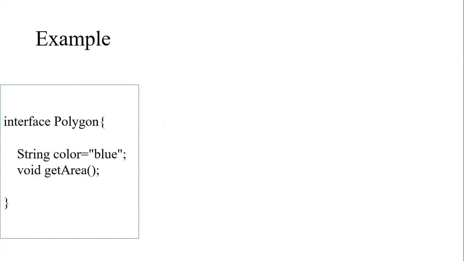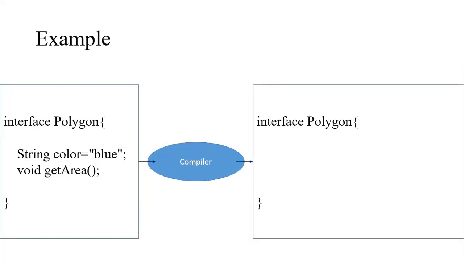If we are writing something like this, interface Polygon, String color = blue, void getArea, you will be writing this statement. But internally, the compiler will look at these declarations like this. Interface Polygon, you have written just String color, but internally it will be public static final String color = blue.